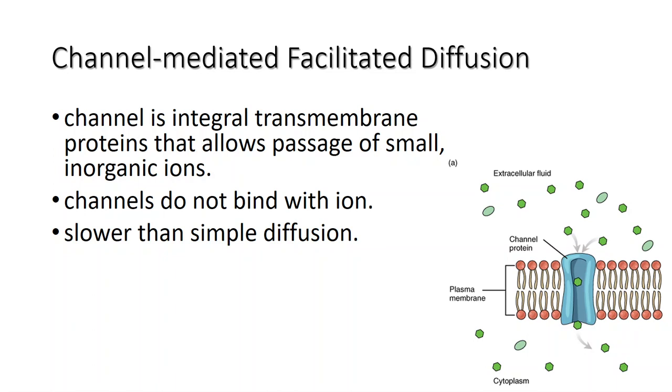Diffusion of ions through channels is generally slower than free diffusion through the lipid bilayer because channels occupy a smaller fraction of the membrane's total surface area than lipids. Still, facilitated diffusion through channels is a very fast process.